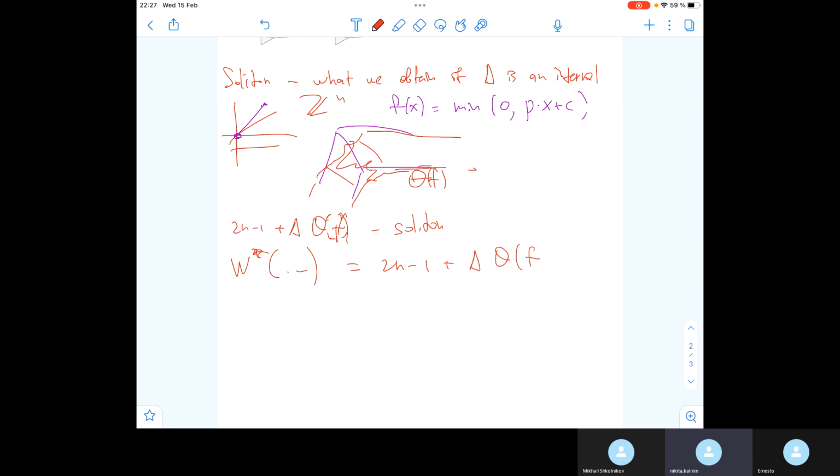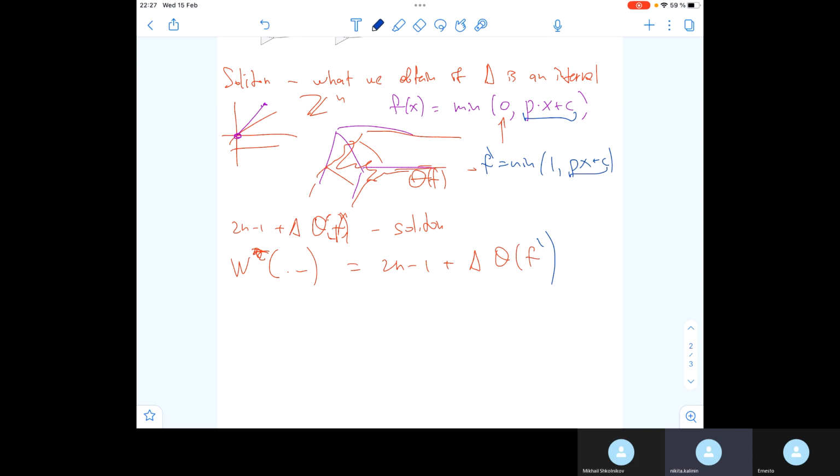For example, if your point z belongs to the points where the minimum is attained at 0, then you get f prime, which is the minimum of 1 and px plus c. Exactly what happens is you just change the coordinates. You move your soliton by 1. And if you apply the wave operation from the part where px plus c is minimal, then you just add 1 to this px plus c. So that's the solitons.